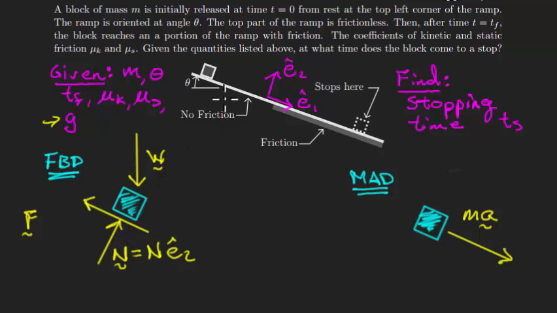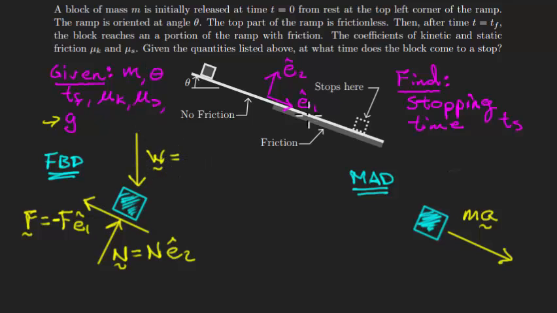The friction force is opposing the relative motion, the sliding between these two surfaces. Since the ramp is stationary and the block is sliding down, that friction force, that sliding friction, has to be pulling upward. So I'm going to set this friction force to be F in the minus e hat 1 direction, since it's pointing upward and tangent to the slope. And then finally, this weight is straight down, right?